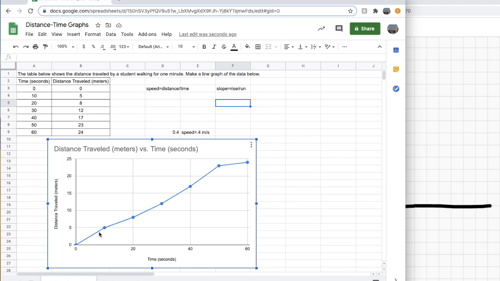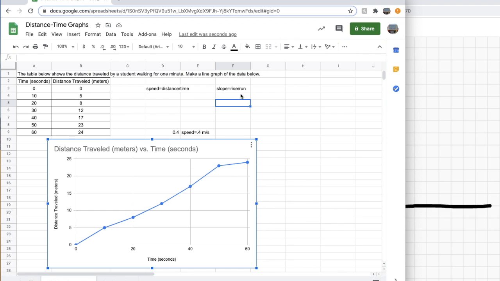So this one's going to be difficult because it's so similar, but you can very vaguely see that this chunk here is a slightly steeper slope. So the fastest time interval is from 40 to 50. And then the slowest time interval is going to be from 50 to 60.